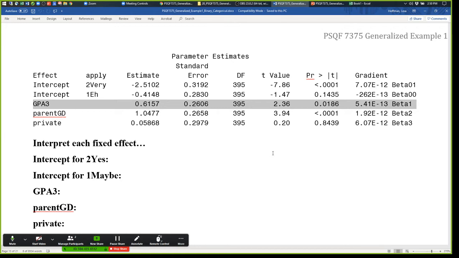Goes up or down? Up. I'm not trying to trick you, I swear. By 0.6. So are people with higher GPAs more likely to apply to graduate school or less likely? More likely. If it's a positive number, it's more likely. If it's a negative number, it's less likely.